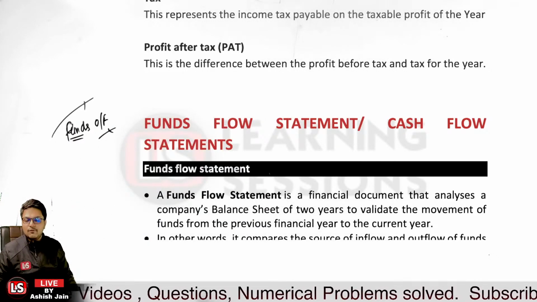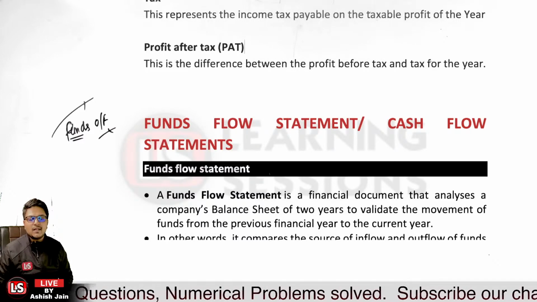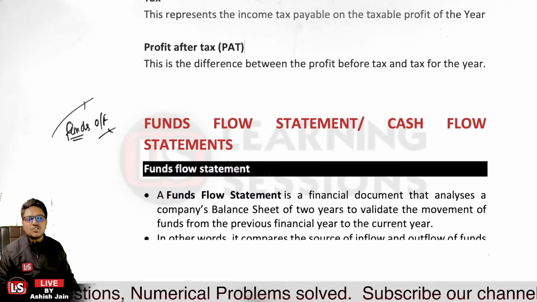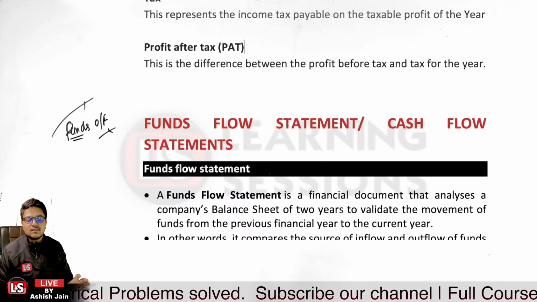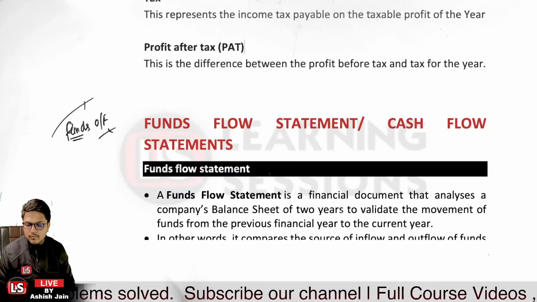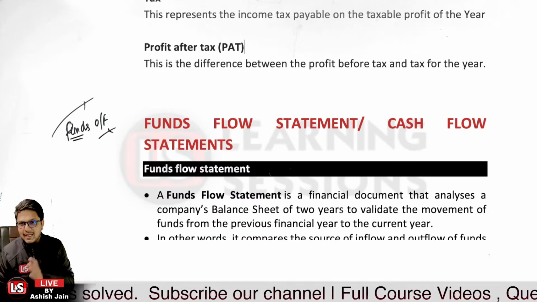So the fund flow statement is a financial statement that analyzes the company's balance sheet of two years to validate the movement of the funds from the previous year to the current year, how the funds have flown from last year's balance sheet to this year's balance sheet.